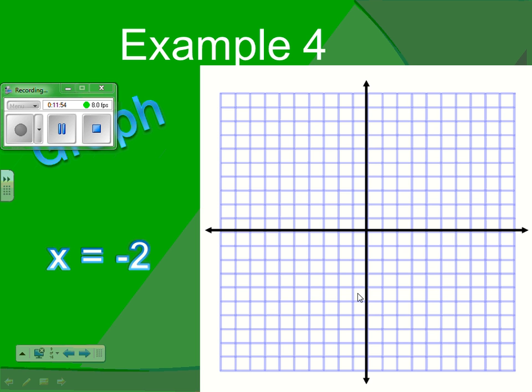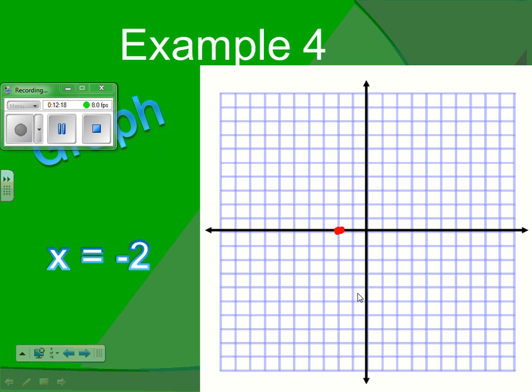Okay. If x is equal to -2, what direction is x -2? Be very careful. Up, down, right, or left? Left. Left 2.